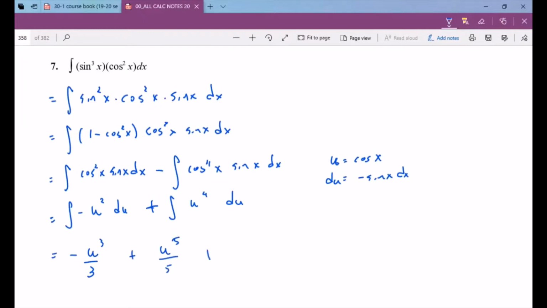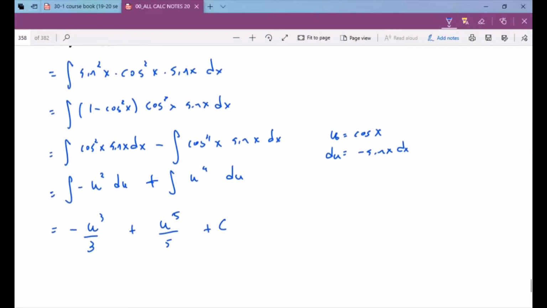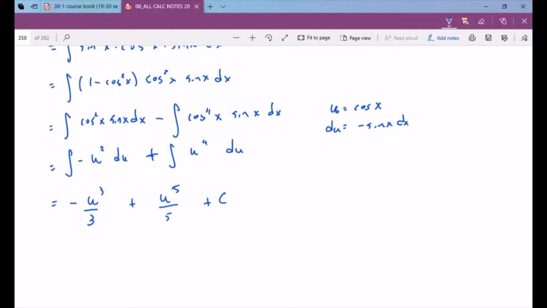We're going to integrate each of those, and then plus c. Negative cos cubed x over 3 plus cos to the 5 x over 5 plus c.